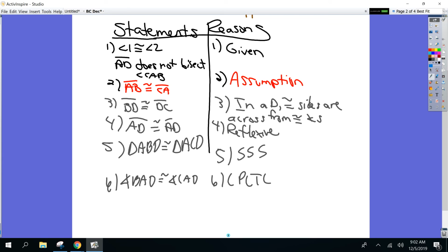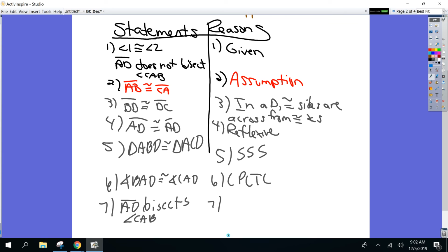Right? Everyone agree? You don't have a contradiction written down anywhere in your proof yet. But knowing those two angles are congruent, that makes AD what? AD now is bisecting angle CAB. There's your contradiction.